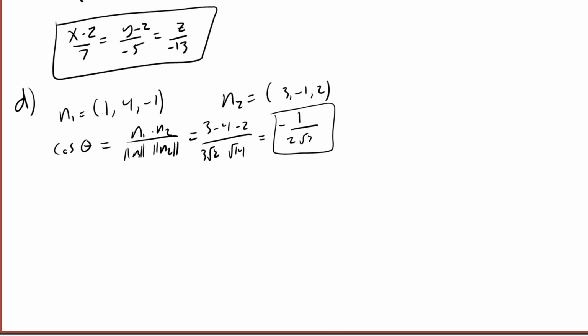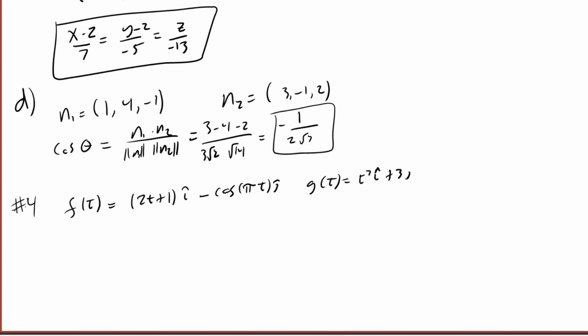Okay, number 4. f of t equals (2t plus 1) i minus cosine of pi t j, and g of t equals t squared i plus 3j.